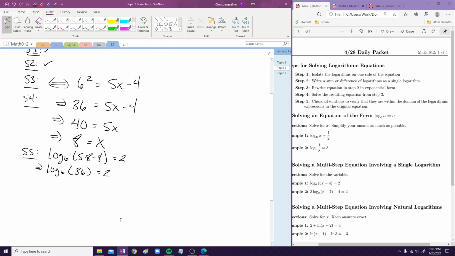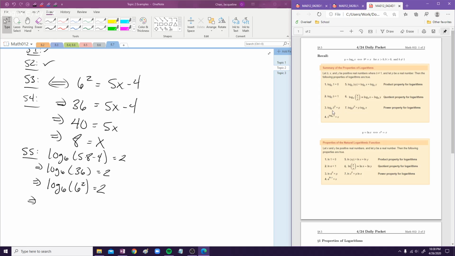So you could actually stop there, but let's see if this is correct, because even though it's in our domain, that doesn't necessarily mean that we solved this correctly. So 36, I know that 36 is also 6 squared. Actually, we don't even need to use the power property. What property is it? Property 3.